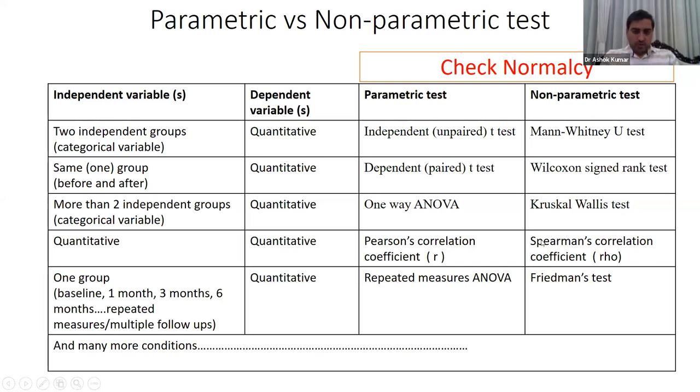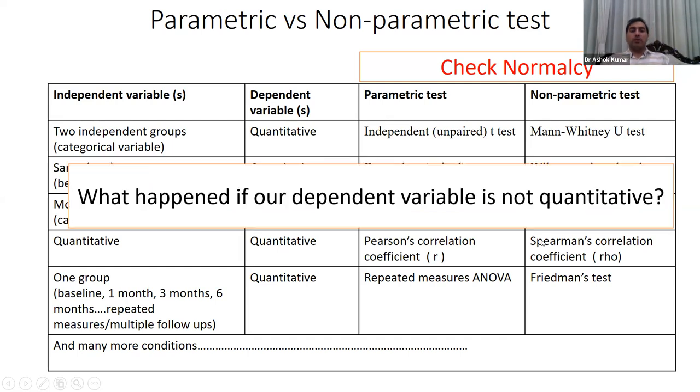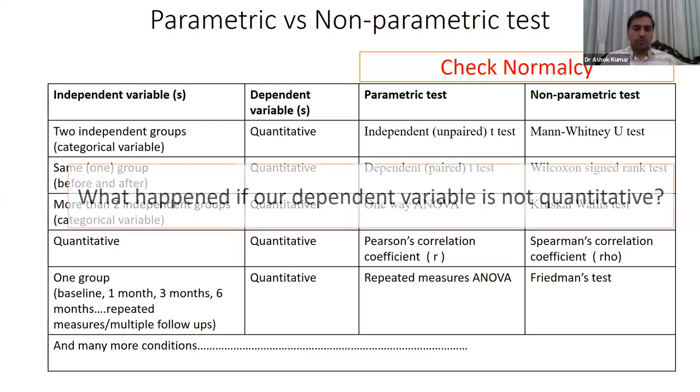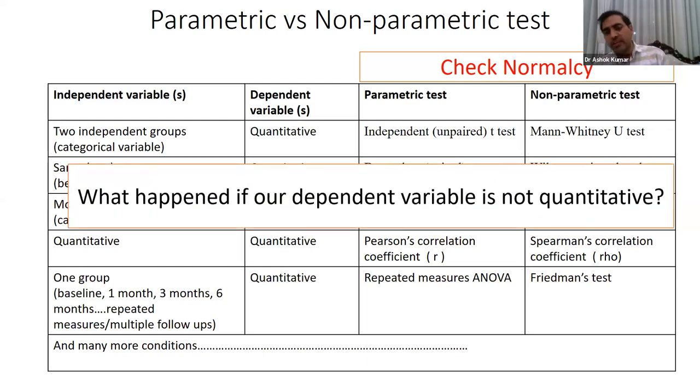Okay. So what happens if our dependent variable is not quantitative? You can see here the dependent variable is quantitative in all these tests, parametric or non-parametric. But if our dependent variable is not quantitative, it means our independent variable is qualitative or categorical, and our dependent variable is also qualitative or categorical.